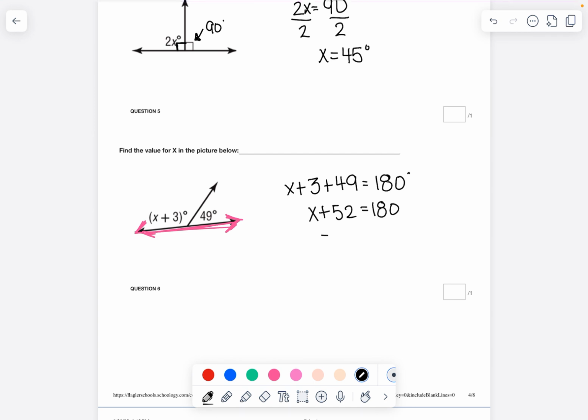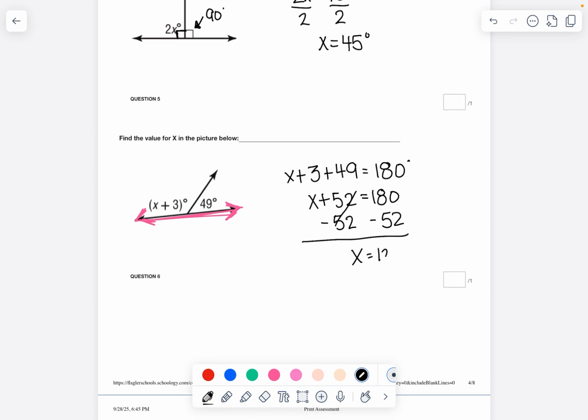And let's subtract 52 from both sides. And then 180 minus 52 will give me 128.